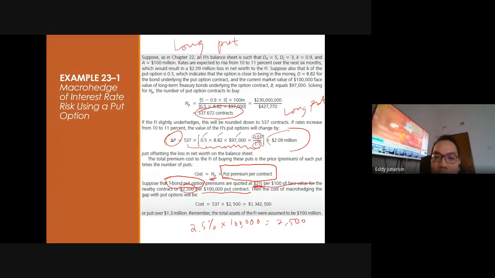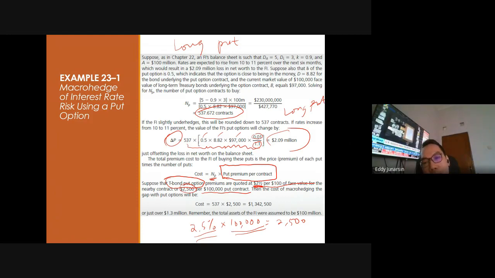So this would be the option price or option premium per contract, which is 2.5% times the size per contract.